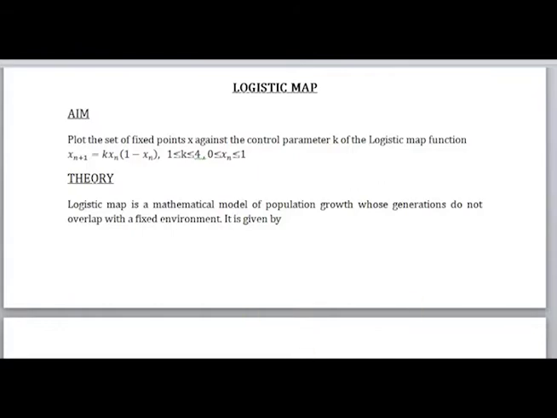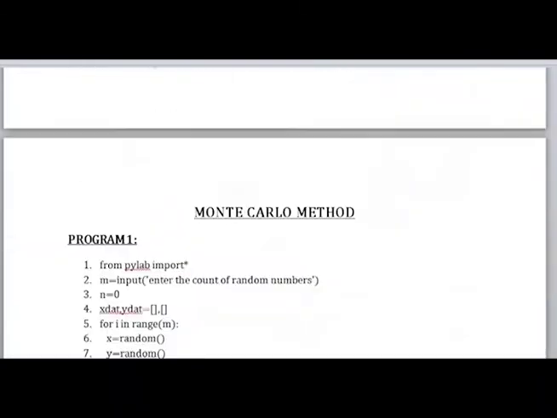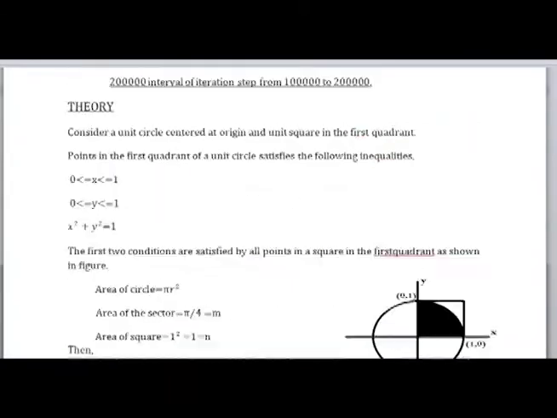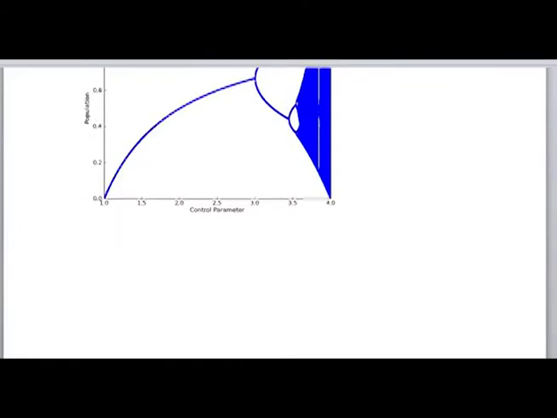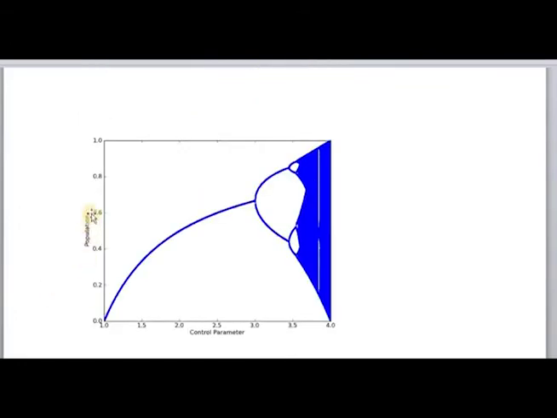If you just watch here, you can see this is the bifurcation diagram. The graph is drawn between the fixed point of the population and the control parameter. As the control parameter moves from 1 to 3, after continuous iteration, you get a single value for the attractor. When it reaches 3 and beyond, there will be 2 attractors, splitting occurs.